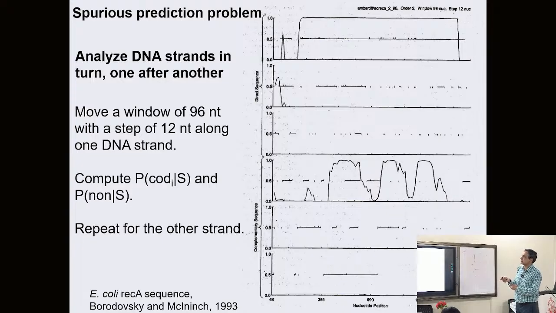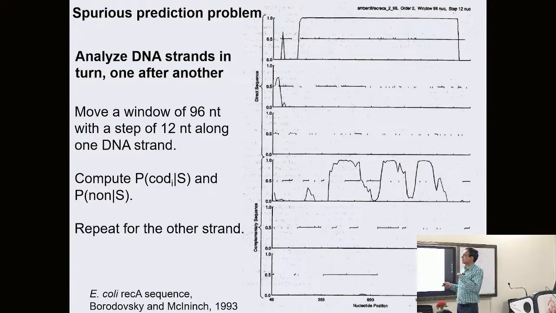So you can see that from this position to this position there is a gene, and that gene is in frame 1 on the direct strand of the DNA molecule. There are 3 frames for the direct strand and 3 frames for the complementary strand, and 1 more frame for non-coding.